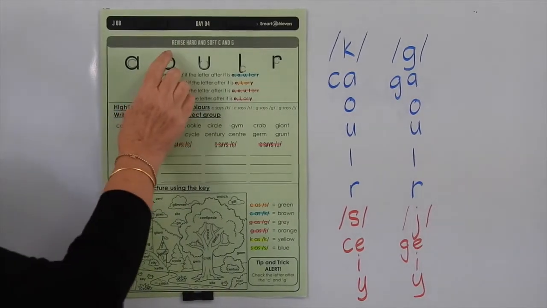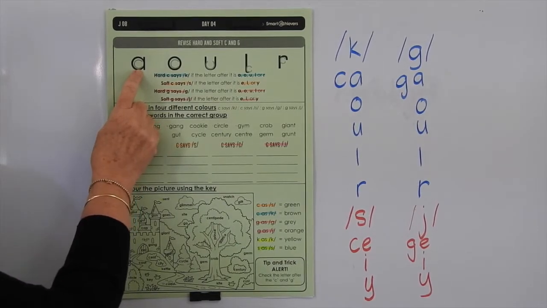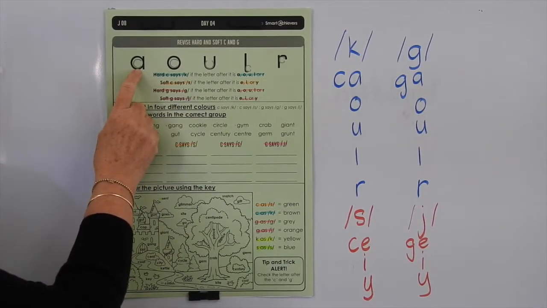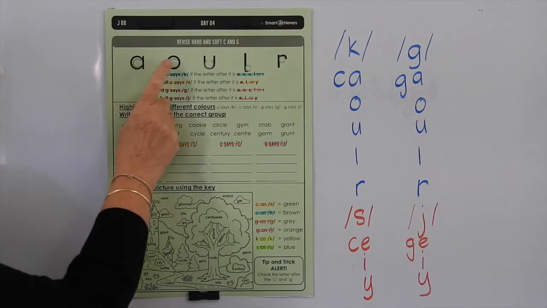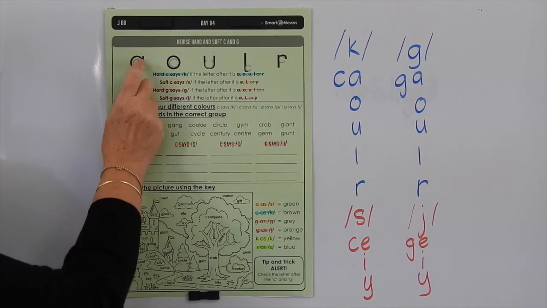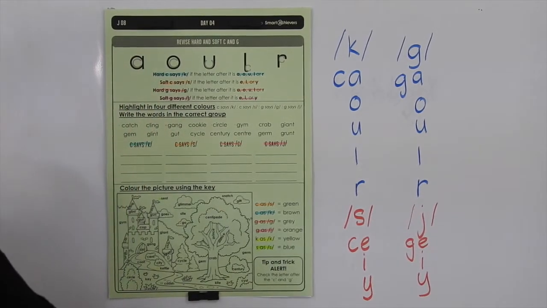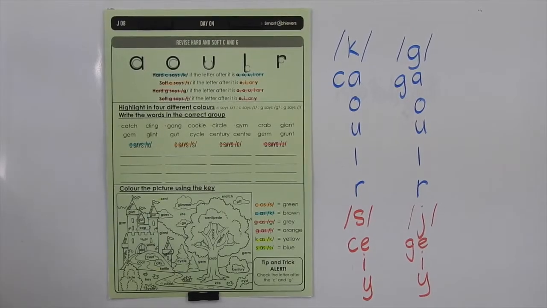So let's have a look at what it says over here. We created this little cheat for you to remember that if a C is followed by an A, O, U, L, R, you use a C. And so we've hidden a C inside. Let's mark that for you so you can see it.